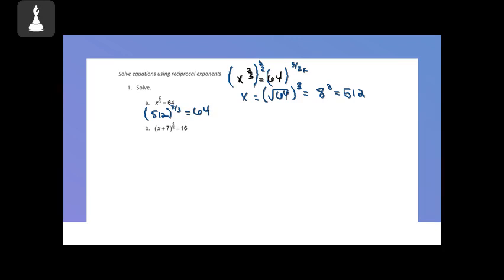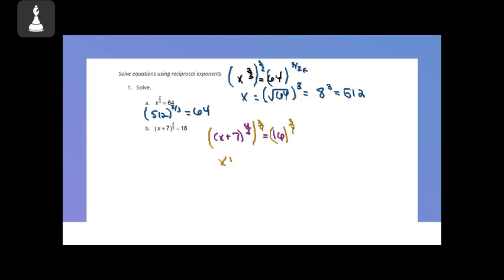For B, we have x plus 7 raised to the 4/3 power equals 16. What I need to do is get rid of that 4/3 power. So the way I do that is I raise it to the reciprocal power, 3/4. That leaves me with x plus 7 on the left-hand side.